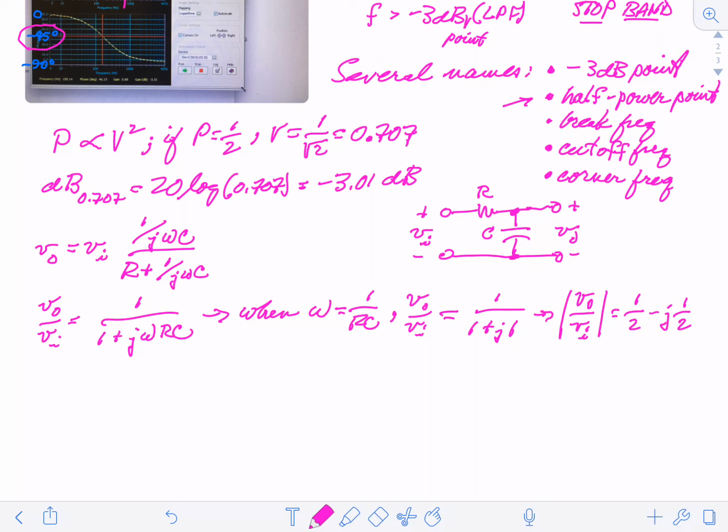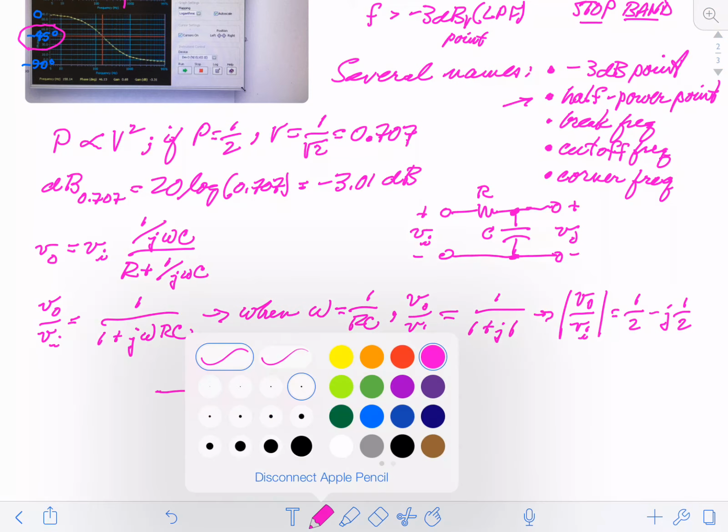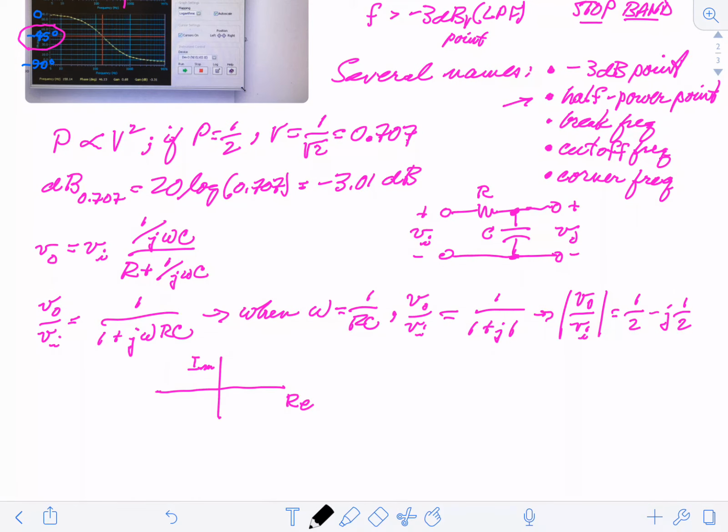And when you plot that, you plot your complex values on a real versus imaginary scale. And sorry, I got those backwards. Let me undo those. Real on the x-axis, and imaginary on the y-axis. And so you get something that looks like this for 1/2 minus j 1/2.